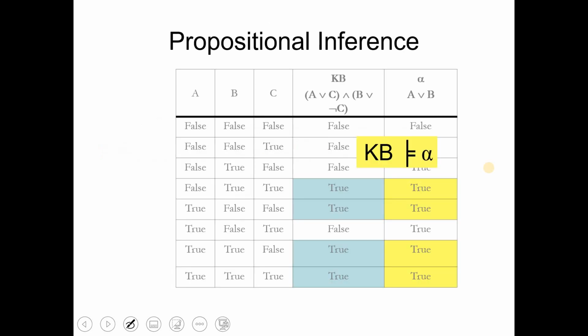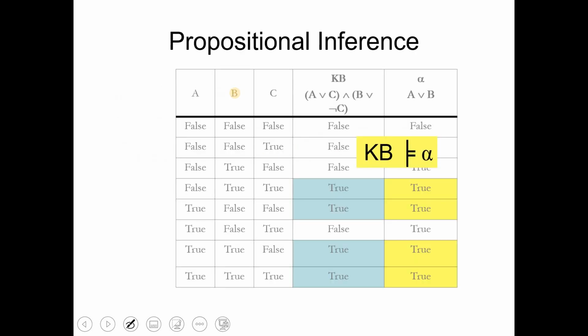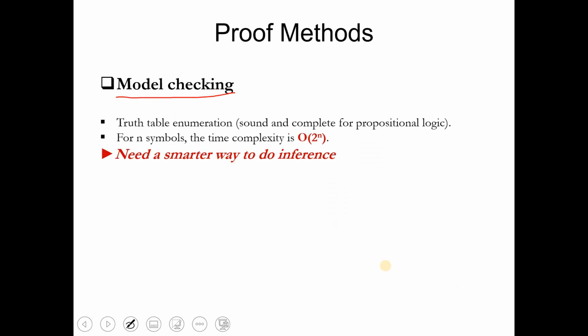To check the inference relationship, we normally do a process called model checking. Model checking is a process where we take all the values of the knowledge base where it is true and we check if alpha is true. All these steps are followed and normally this will take a lot of time.